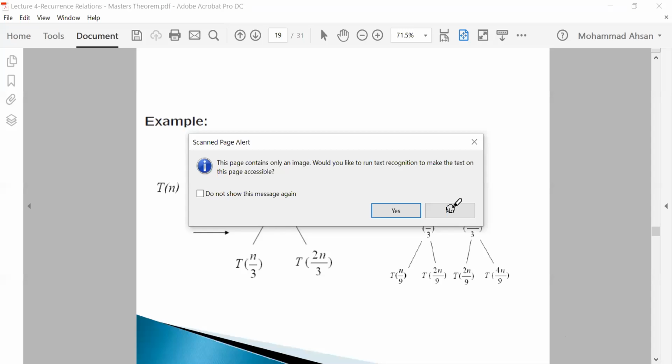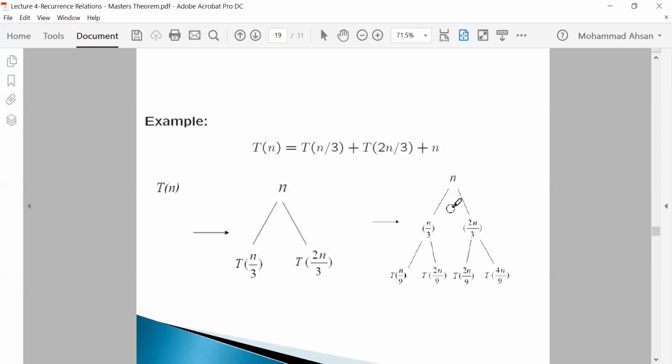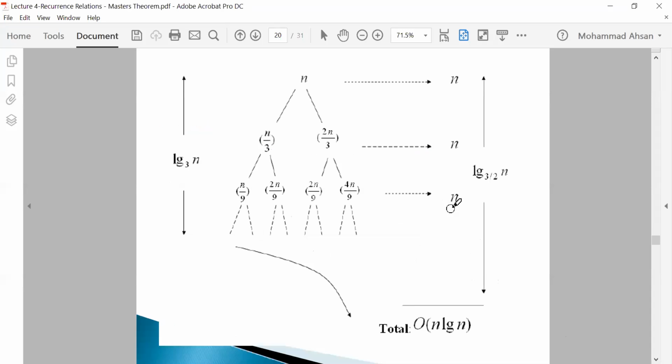If you look here, the branch where you have n/3, n/9, n/27 will have a height of log n to the base 3.